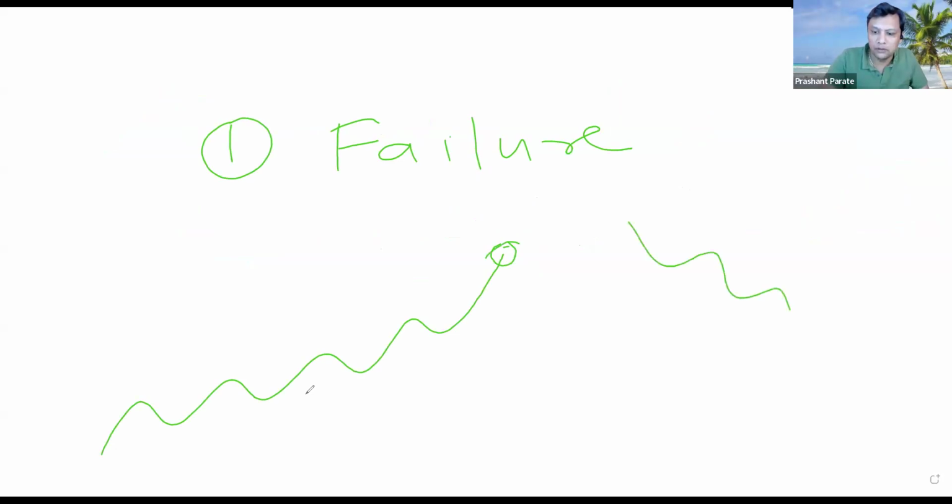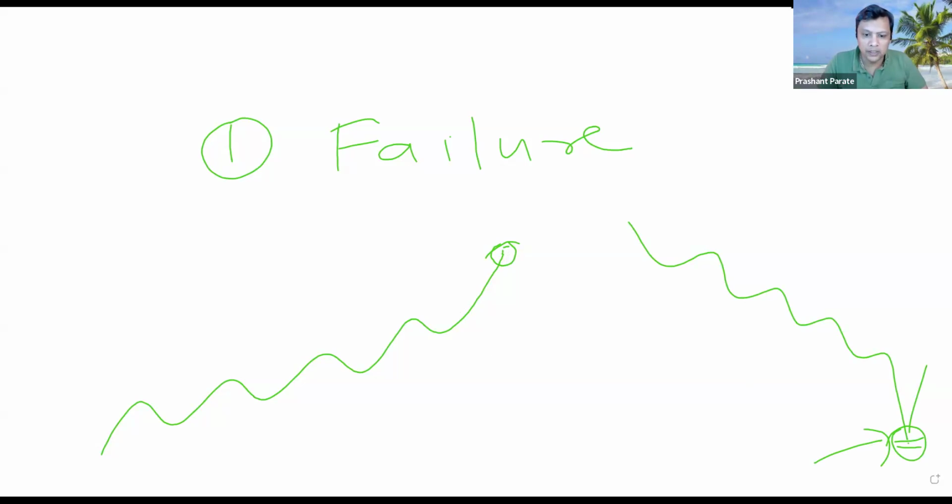If it is a downtrend, at some point this will become a bottom. Do we know the exact point when it is a bottom, that from here it will go up? Is it possible to identify that beforehand? Mostly it is not possible.